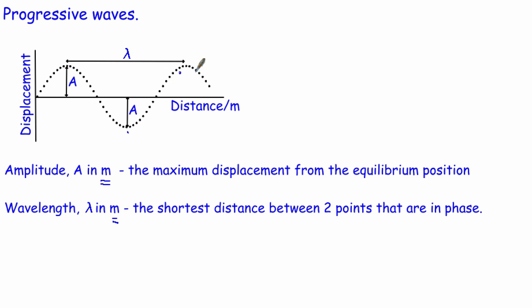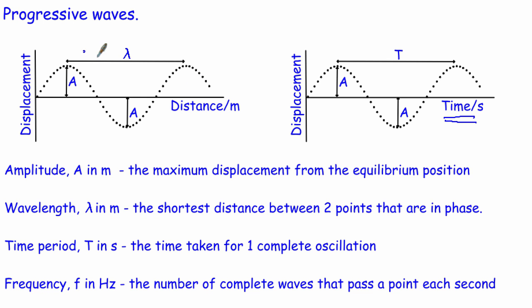We can also plot a different graph. This time, we can plot a graph of the displacement again, so how far a particle is away from the equilibrium line, against time. The important thing to realise is we're only thinking about the displacement of one particle and how its displacement changes over time.